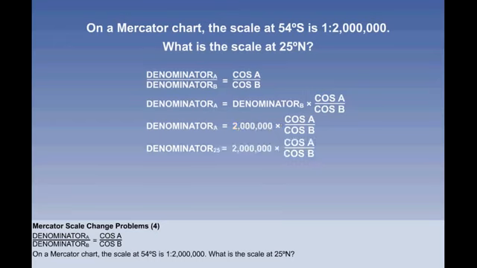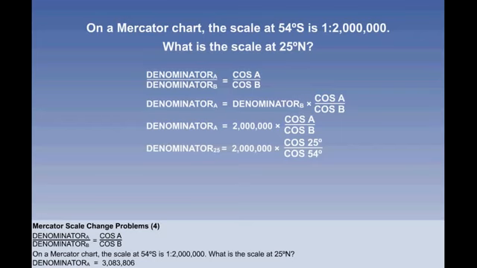You have now sorted out which one is A and which one is B. A is latitude 25 and B is latitude 54. Put them in. It now becomes a very simple calculator operation. 2 million times cos 25 divided by cos 54.